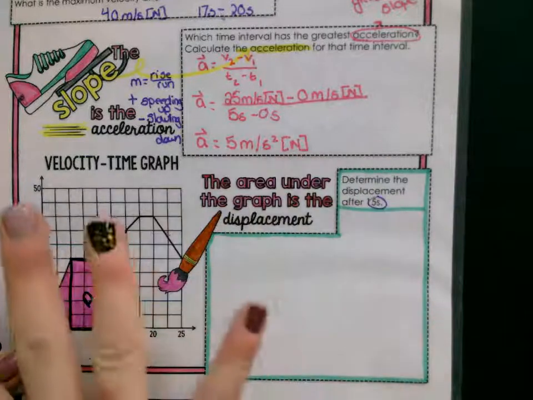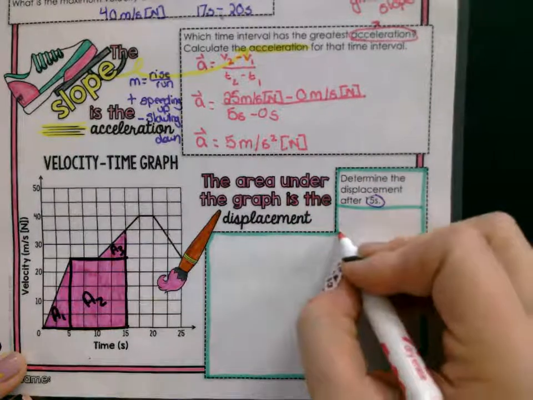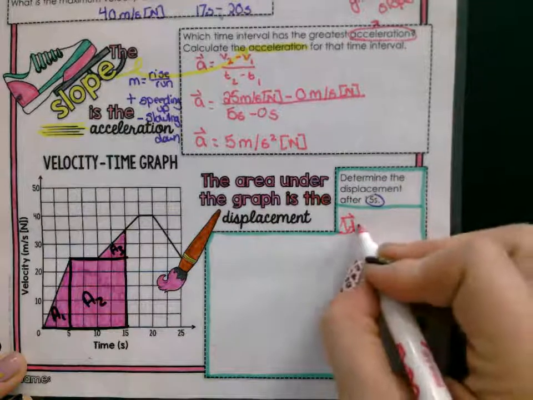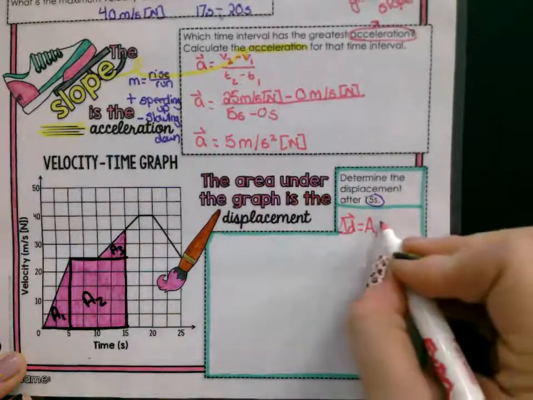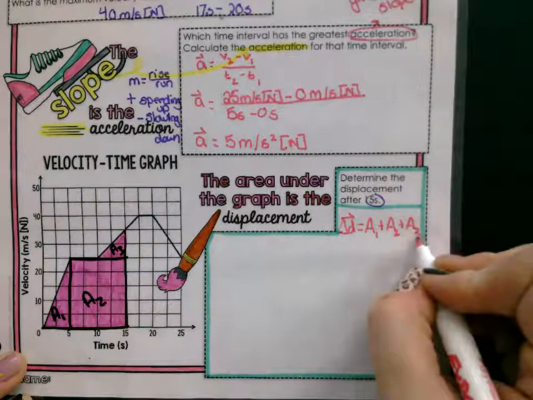So if I was going to write out a formula that would give me displacement, I would say the displacement at 15 seconds is equal to the area of 1 plus the area of 2 plus the area of 3.